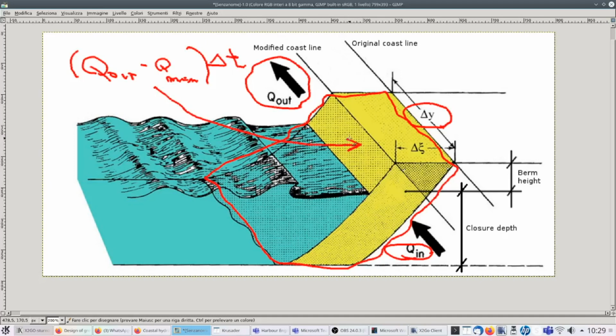Then this yellow volume can be approximated like a parallelogram.